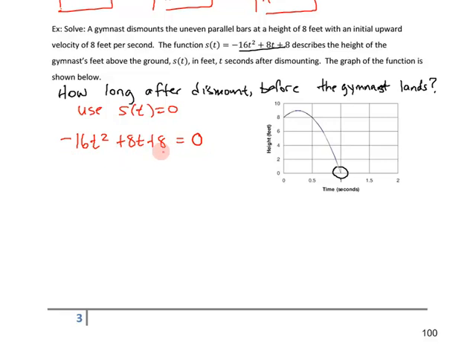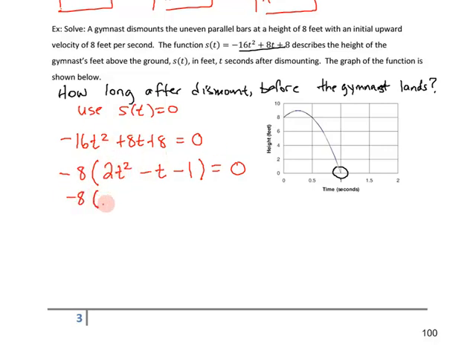Now, how do you factor the left-hand side? You start by pulling out the greatest common factor, which, because the first term is negative, you pull out the negative as well. I can pull out an 8 from each of those. And pulling out a negative 8 leaves me with positive 2t squared minus t minus 1 equals 0. Notice how pulling out the negative just changes the sign of that term. And you can check. If I were to multiply this out, I do indeed get the original equation.